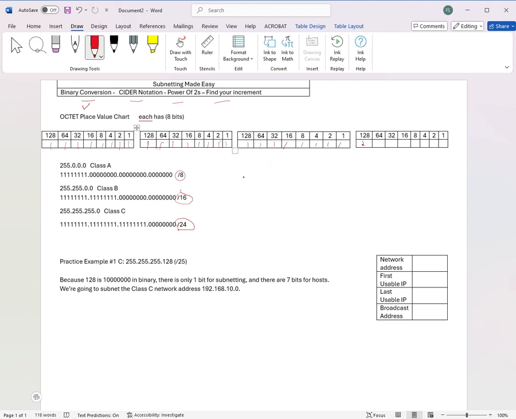And if we turn one more bit on, we would have 24 plus 1 equals 25. And that's what we have over here. In this example, we have 25 bits on. And for that example, if there's 25 bits on, that means we have everything else off. Just going to put a 0.